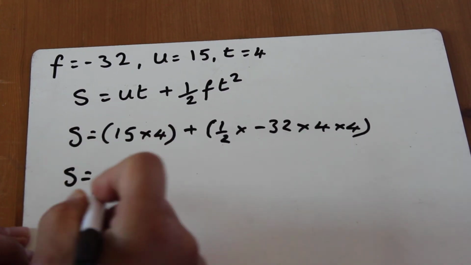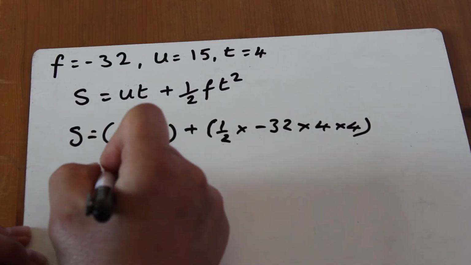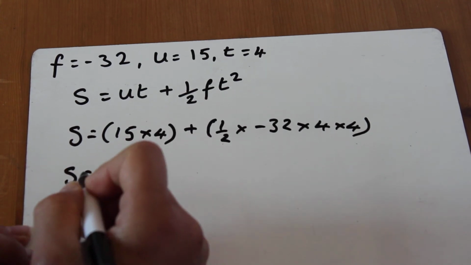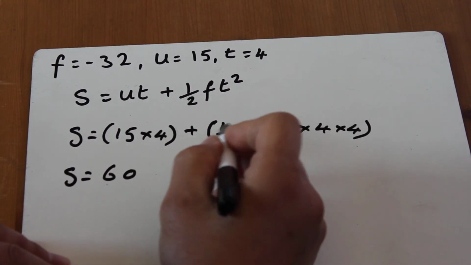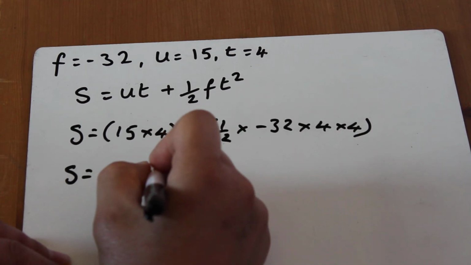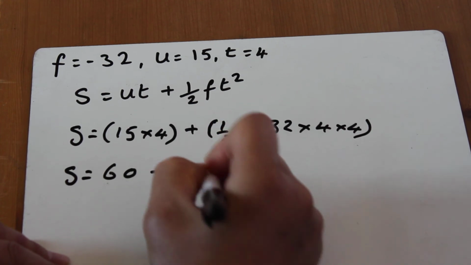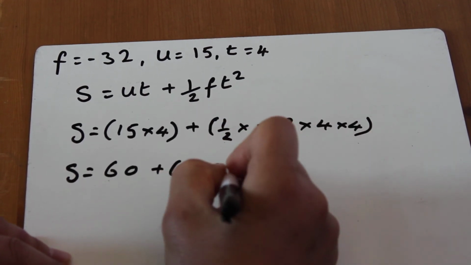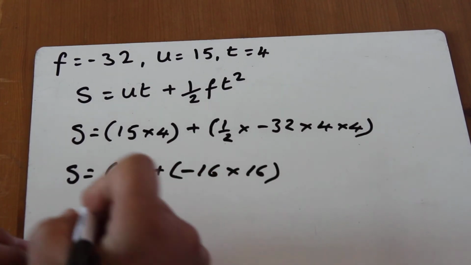So that then gives me 15 times 4, which is going to give me 60. Right, this one, the simplest way of doing this is to find a half of negative 32. So that gives me minus 16, and then that's going to be times by 16 again, because 4 fours are 16.